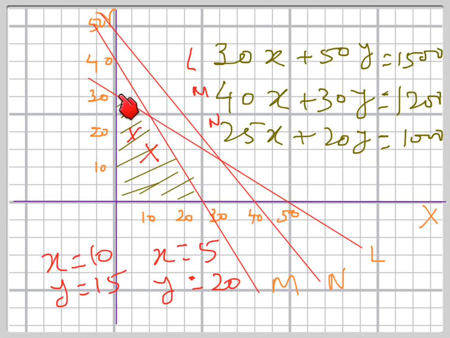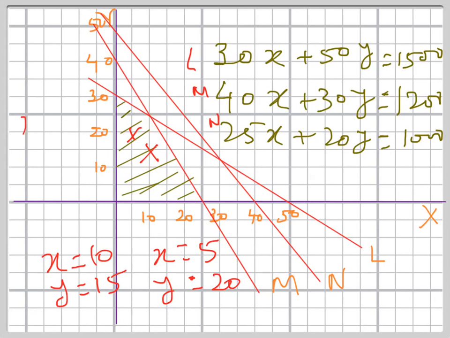So let us take a point, say somewhere here, say x equal to 3, and y equal to 32.